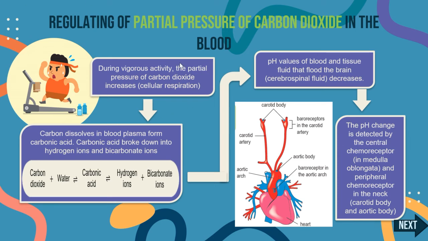During vigorous activity, the partial pressure of carbon dioxide increases. Why? Because the cellular respiration is higher. All right, and then the carbon dioxide dissolves in the blood plasma to form carbonic acid. We already discussed this in chapter 10, in the circulatory system, right?